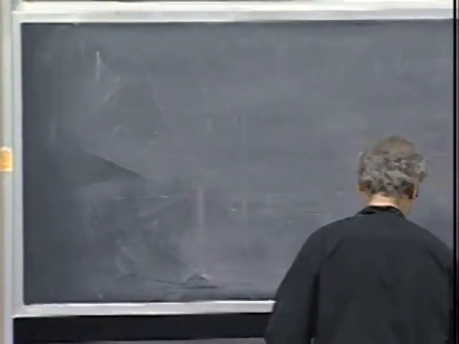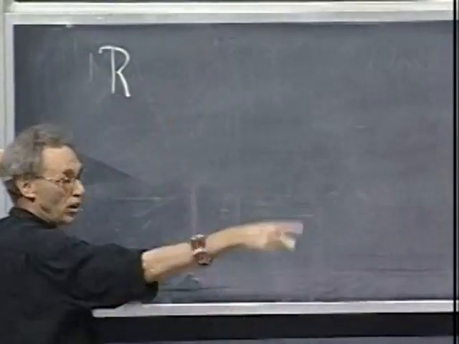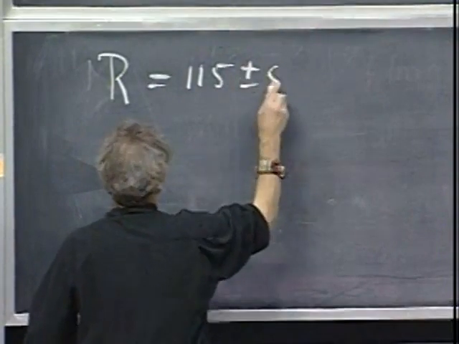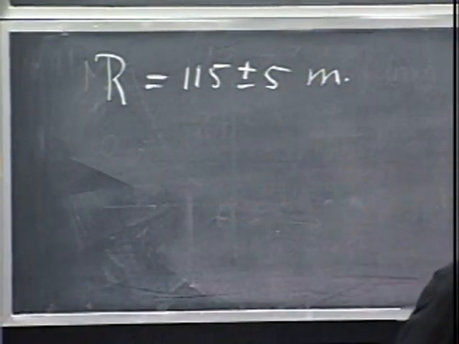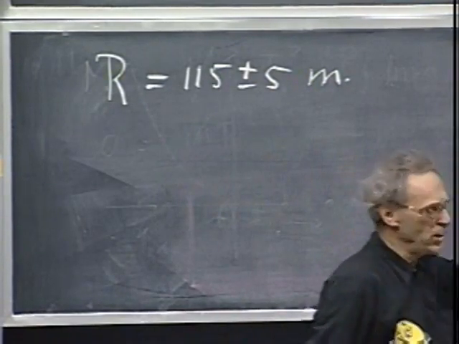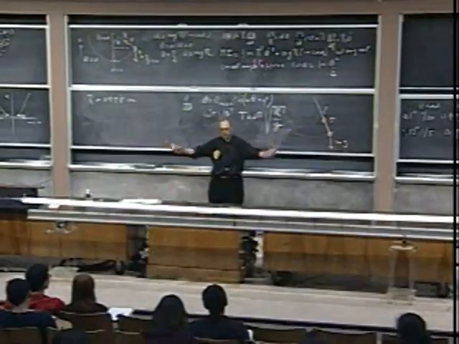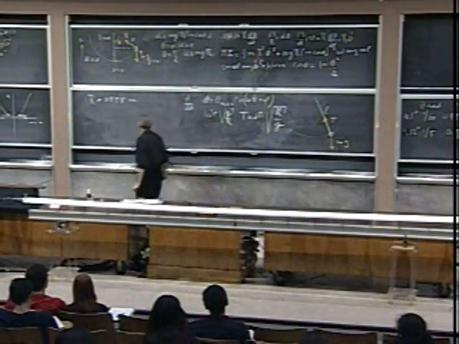And so the radius of curvature of our arc, which is also an air track, equals 115 plus or minus 5 meters. So we can calculate now what the period of oscillations is. The whole track is 5 meters long. So half the track is about 2.5 meters.